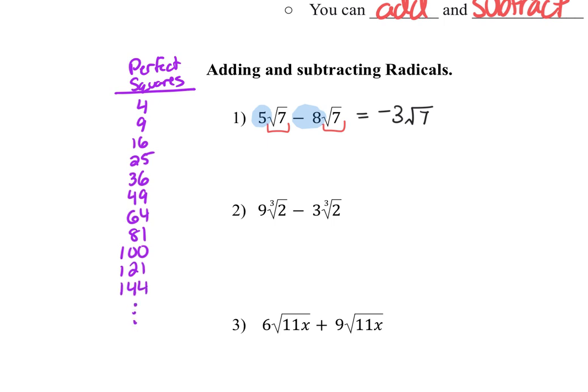Now there's more, but we only went to 12. We can keep going: 13 times 13, 14 times 14. So none of these can divide 7, and so I cannot split that up any further, and that one's done.